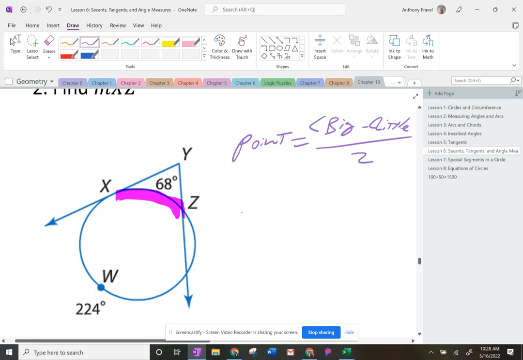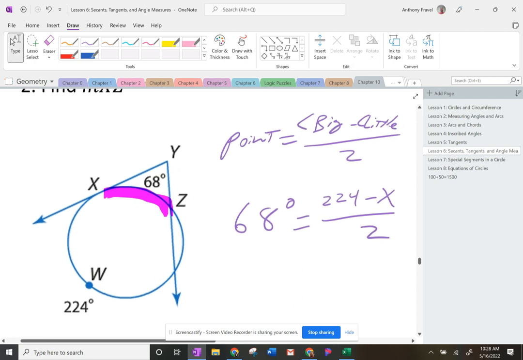So it's giving me that point at 68 degrees. My big angle is 224 minus my little angle. I don't know what my little angle is, divided by 2.